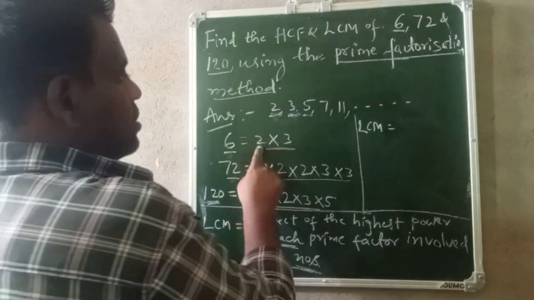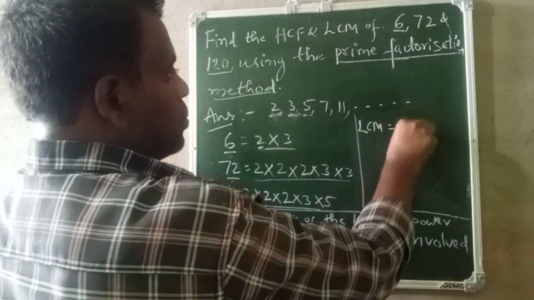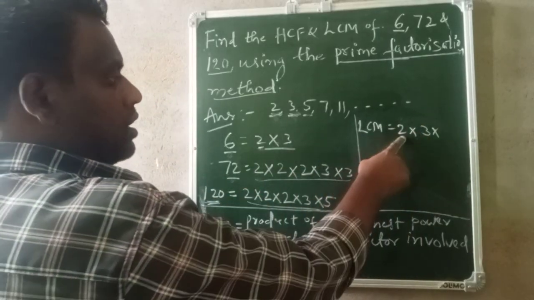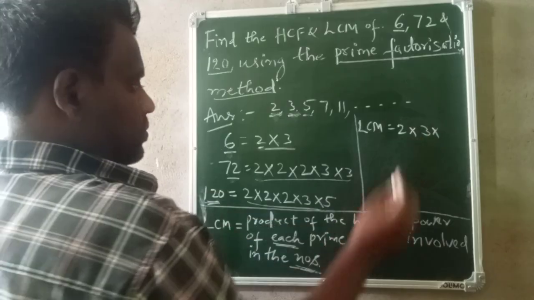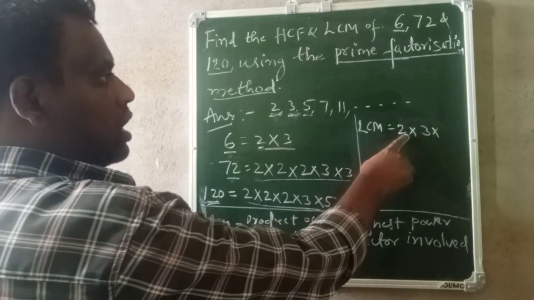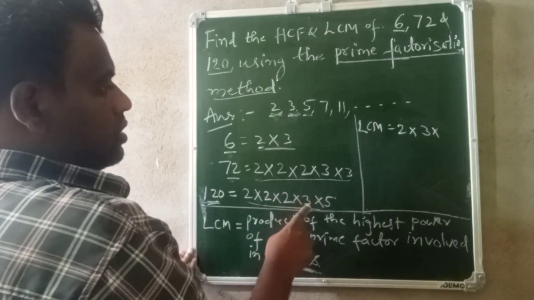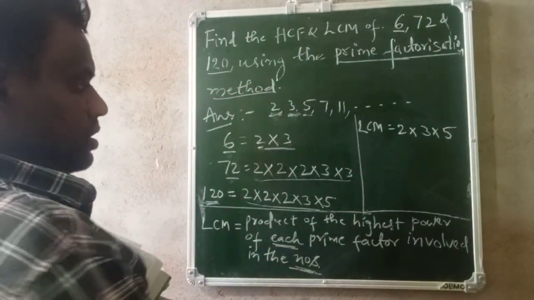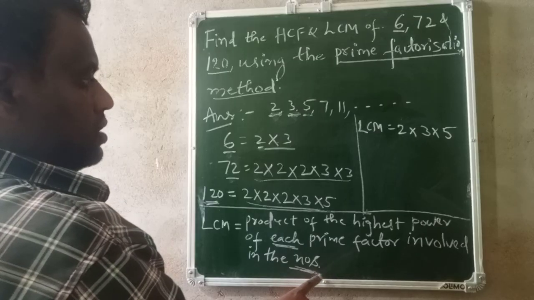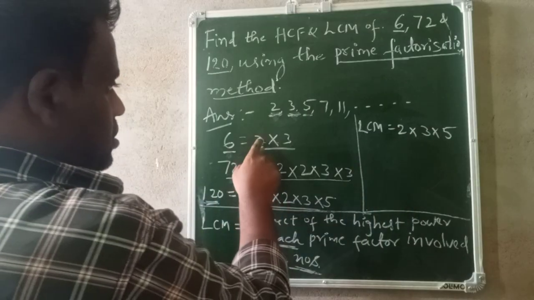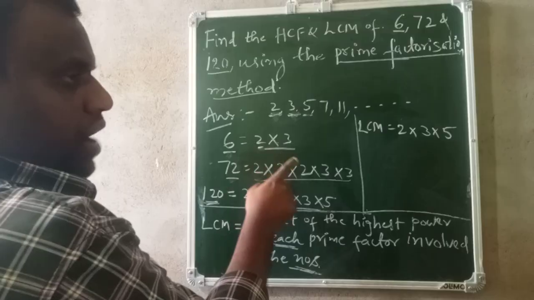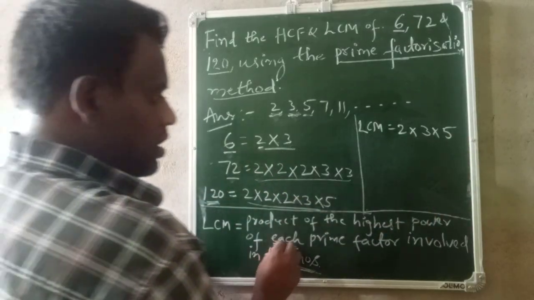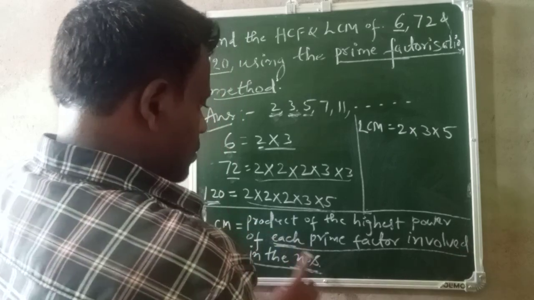So which are the prime factors? 2 is there, put multiplication, next 3 is there. Next, 2 is already taken, 3 is already taken. Next come here: 2 already taken, this 2 also taken, 3 already taken, so 5. So each prime factor involved in the numbers means all the prime factors that are present in the factors of 6, 72 and 120. So all prime factors you have to consider. That is the meaning of from here to here.